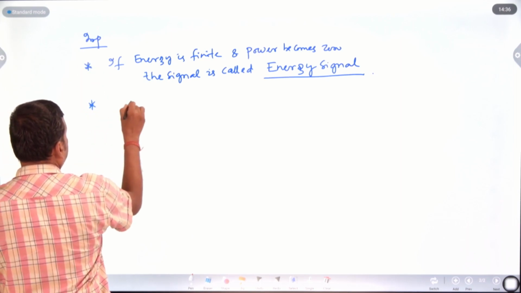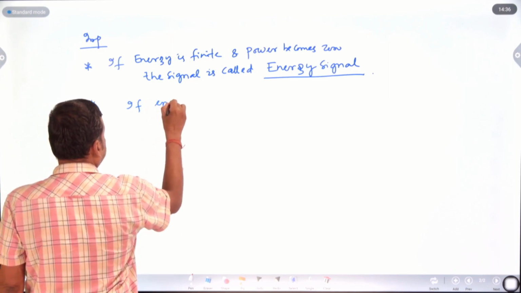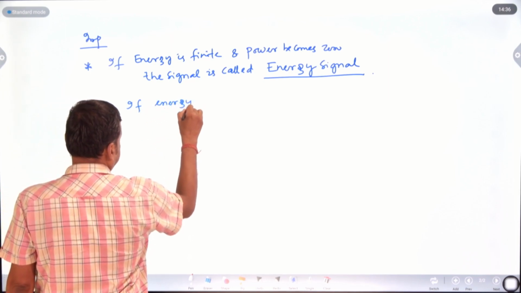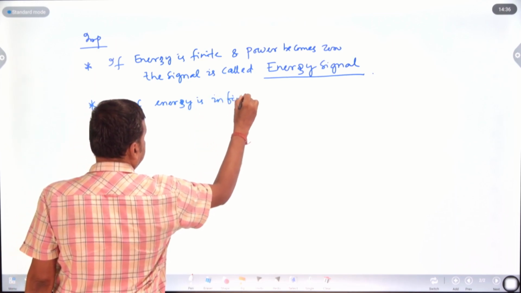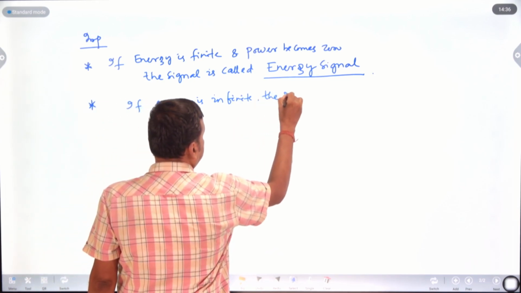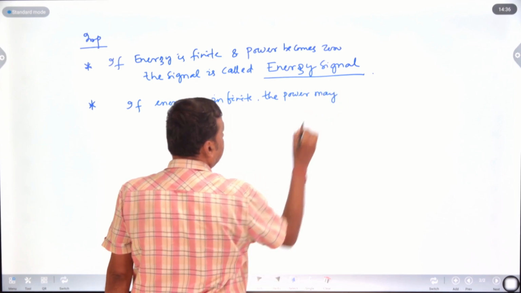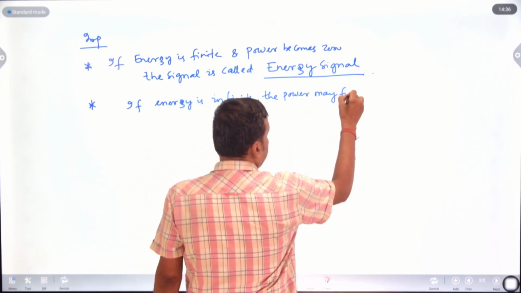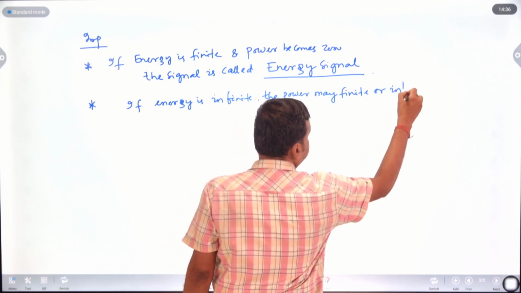If energy is infinite, the power may be finite or infinite.